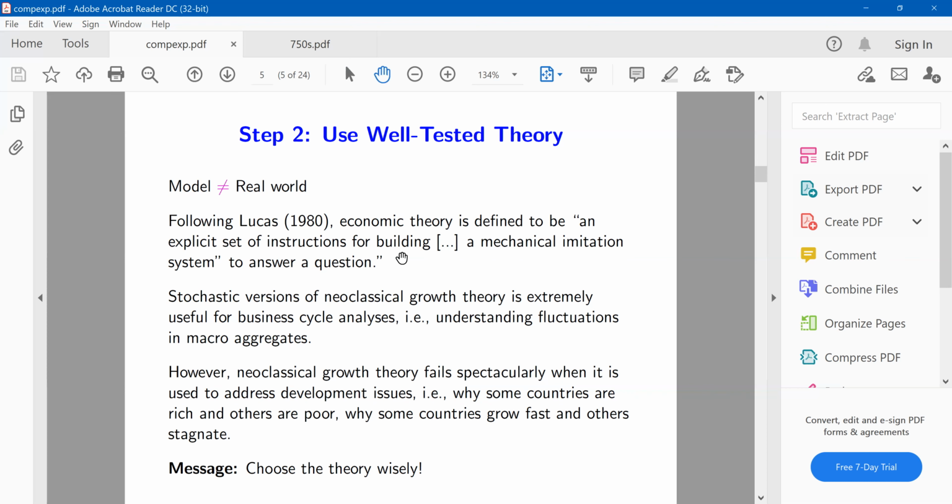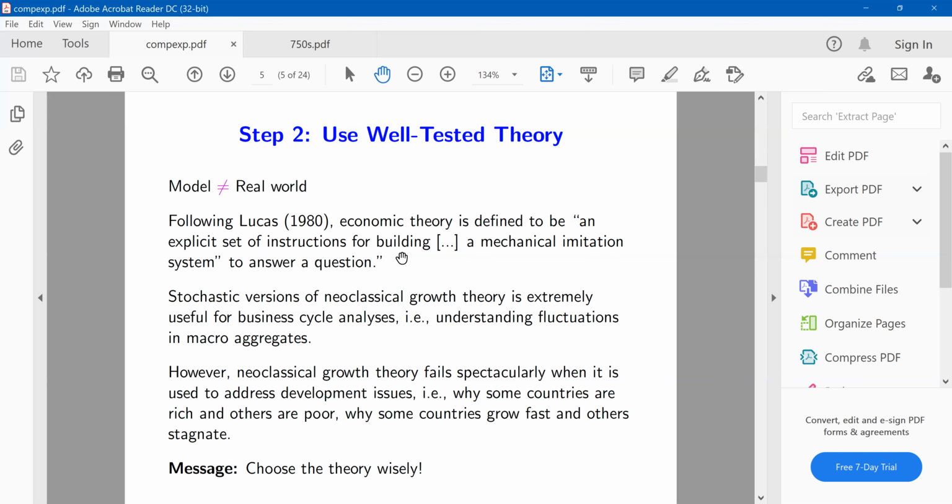So countries in the long run should all converge to the same or similar growth paths. So we know from the very beginning, from the simple theoretical implications of this model, that it is not very suitable for studying development questions.